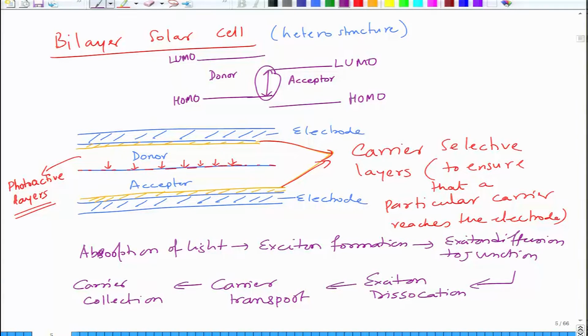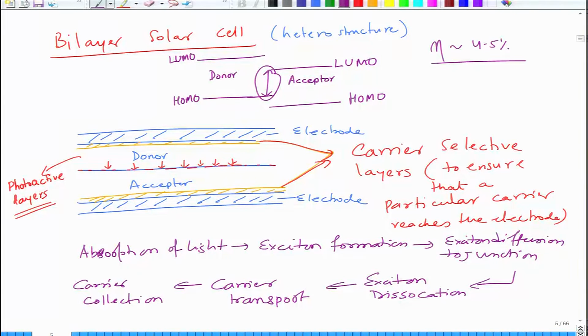So this is basically a heterojunction concept in which we have a bilayer of donor and acceptor, and these can give you fairly high efficiencies. These have given efficiencies of the order of 4 to 5% latest.